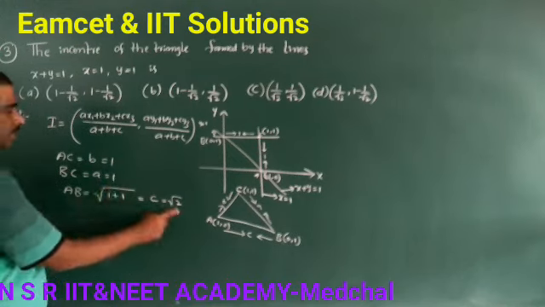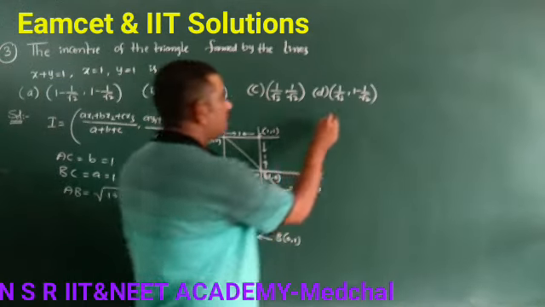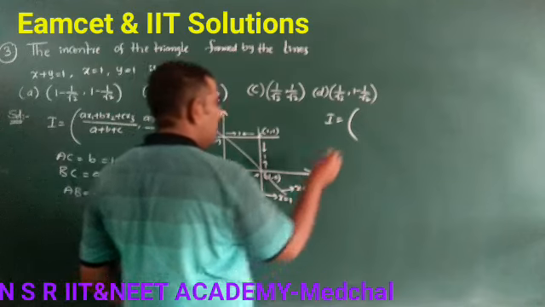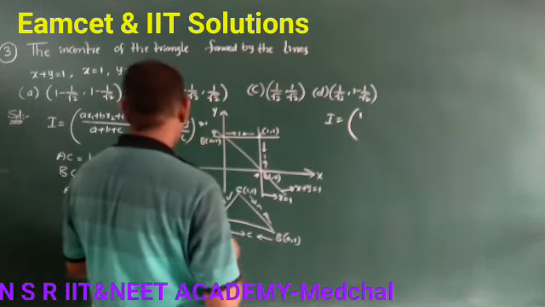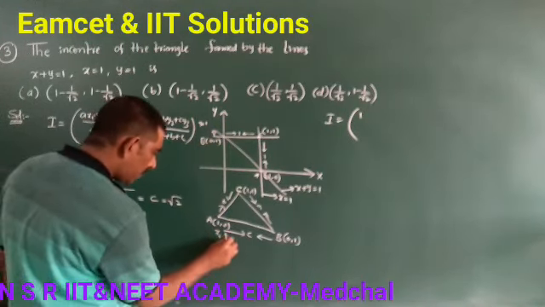So we get the A, B, C values. Substitute all the values in the formula for I. I is equal to (Ax1 + Bx2 + Cx3) / (A + B + C), with the points x1 y1, x2 y2, x3 y3.